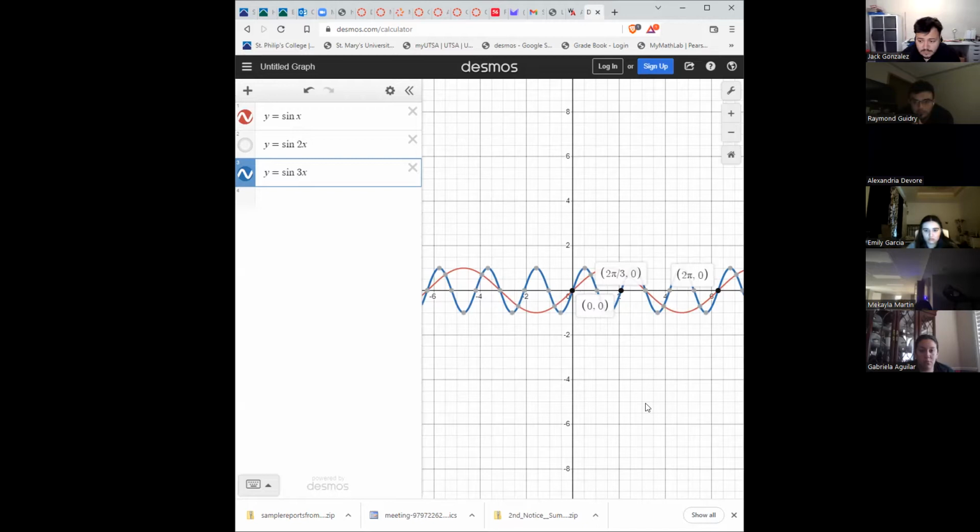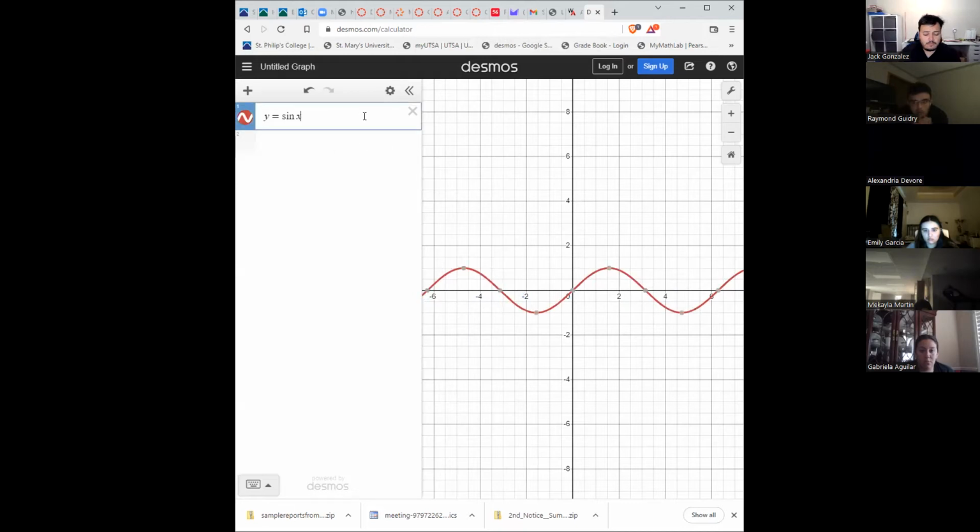Okay, so that's what a period does and what period means. Just what's the interval for it to begin to start over, to repeat itself. So 0 to 2 pi is the period for sine and cosine. Okay. That's all I really want you to know, is what do they look like? Sine and cosine.